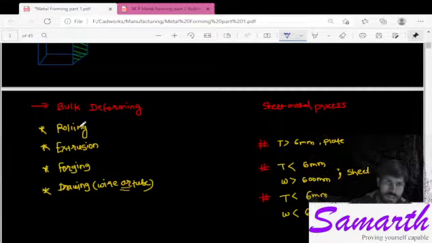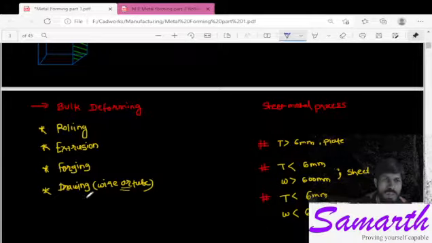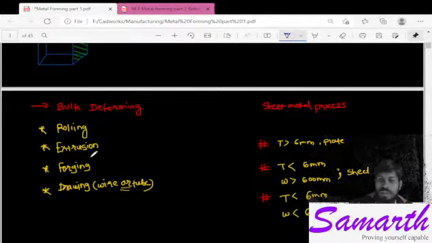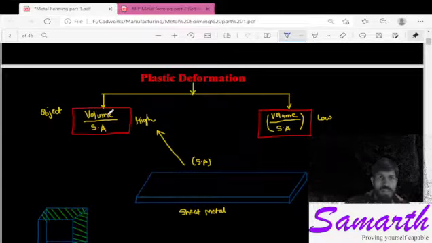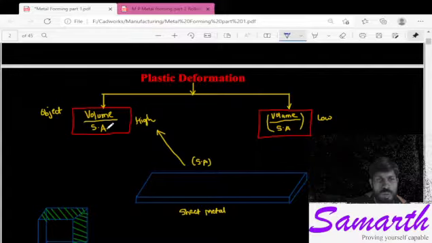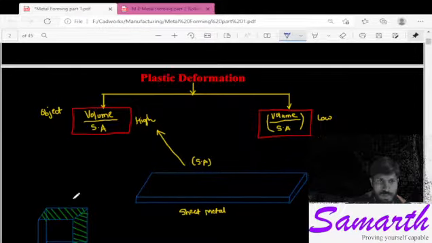Rolling we will discuss in detail here itself, and soon we will start rolling, drawing, all these operations for wire and tube making. Very first we will define the difference between plastic deformation in a sheet metal operation and other operations. Let us say this cube is there.